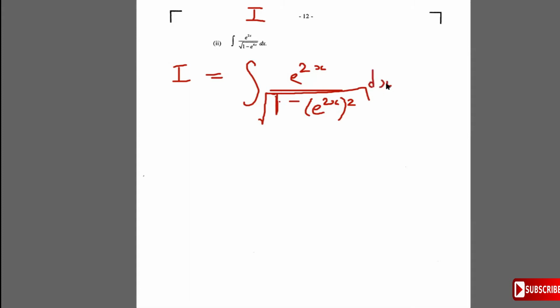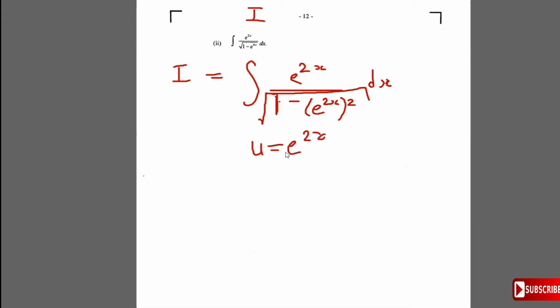I still can't see what's going on yet. So what I do is I do another u substitution. U substitution is so powerful. So I'm going to substitute u as e to the 2x.